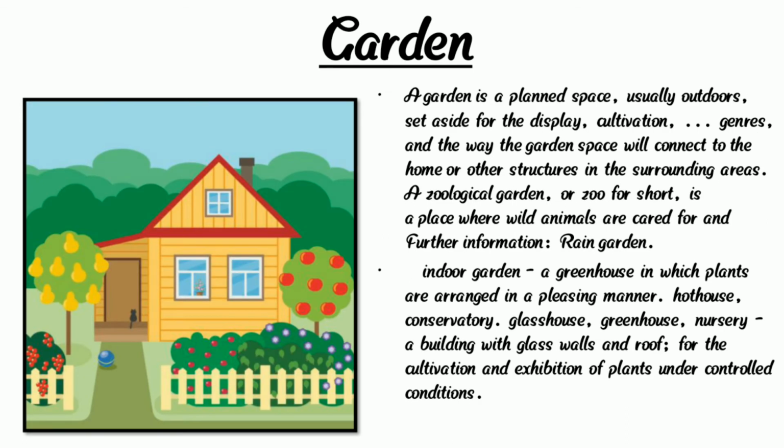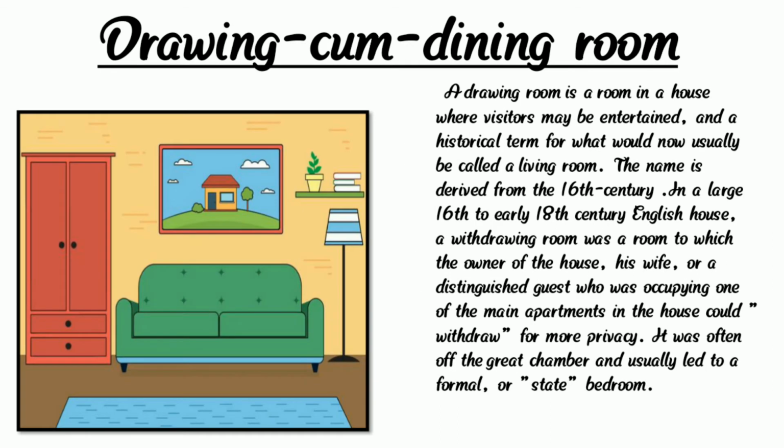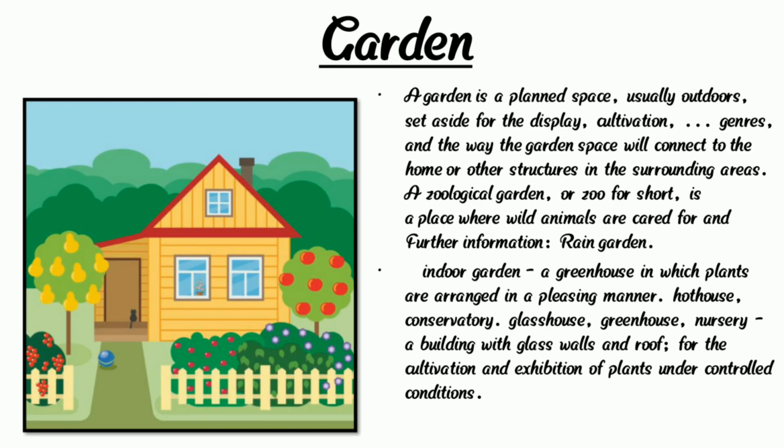It is a garden. Here we can see a photograph of a garden. So many trees and also flowers. You can see flowers here, and a garden is a very beautiful place in our home.